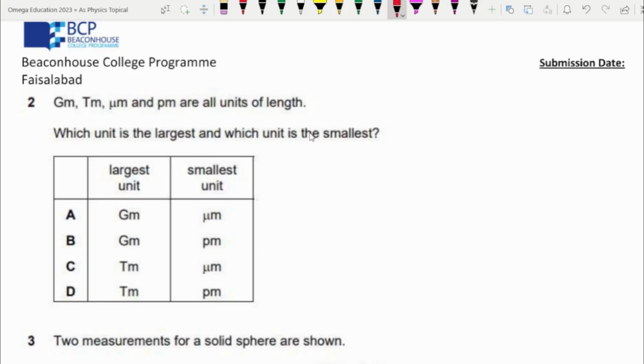So which is the largest and which is the smallest unit? Okay, so the unit is accompanied with a prefix. Okay, there's a prefix with the unit. So the largest prefix that you study in your A-level syllabus is tera. How much? Million times million, that is 10 raised to power 12.